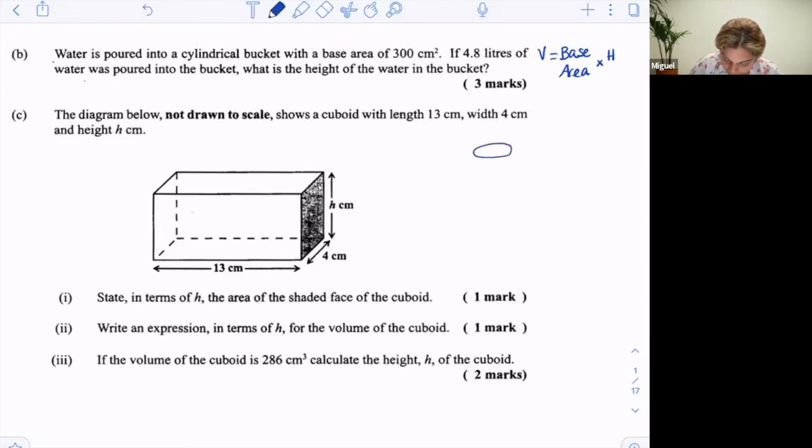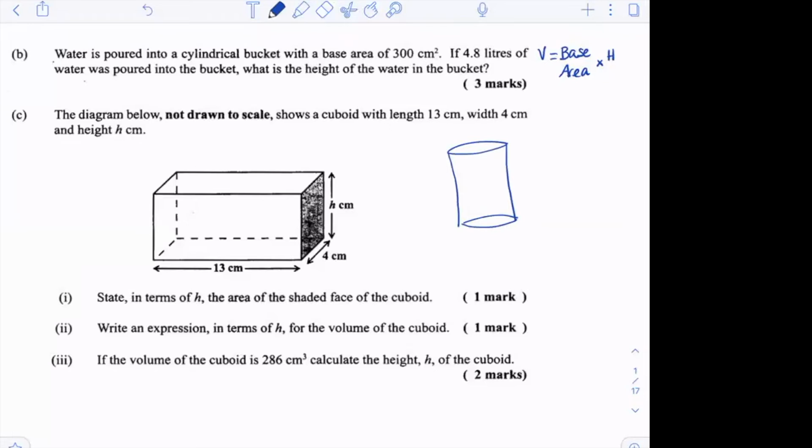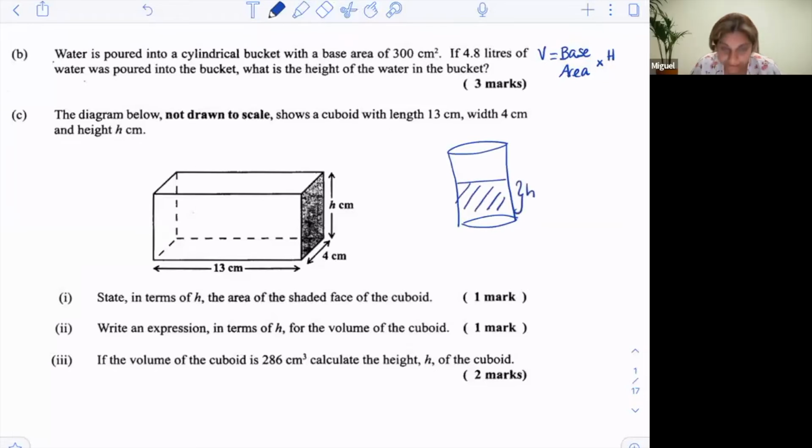So this is a cylinder. Notice the cross section. Right. So this is my cylinder and this is my volume here. They are asking you to find the height.